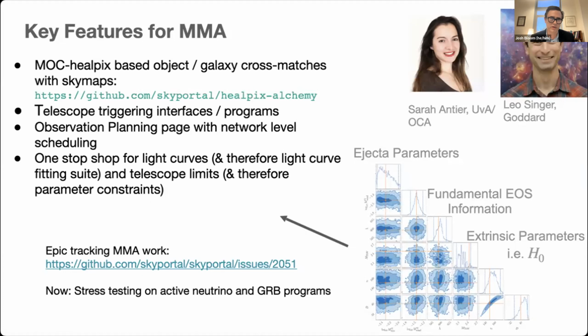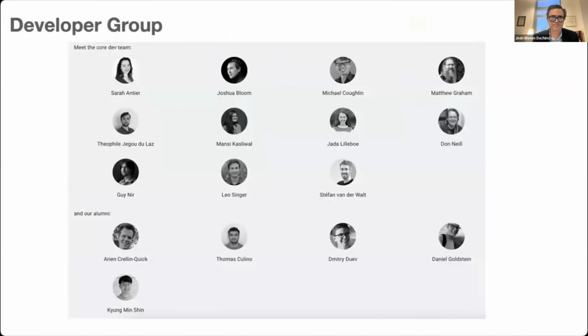And again, we want to be the one-stop shop for light curves, so that we can not just do the analysis as the data comes in, but after the fact, because we know what our different limits were, be able to get some realistic parameter constraints.